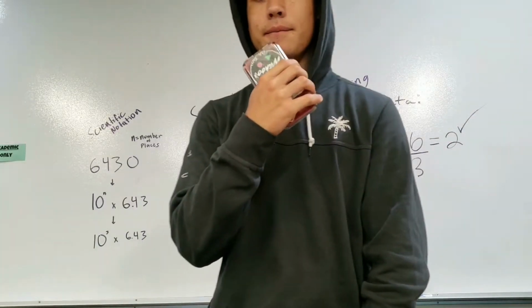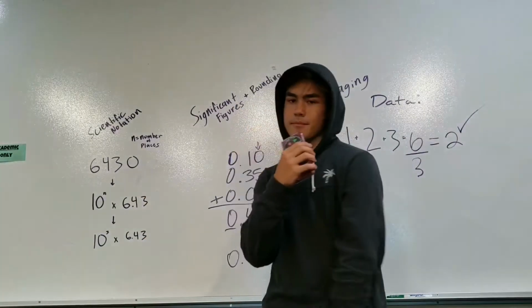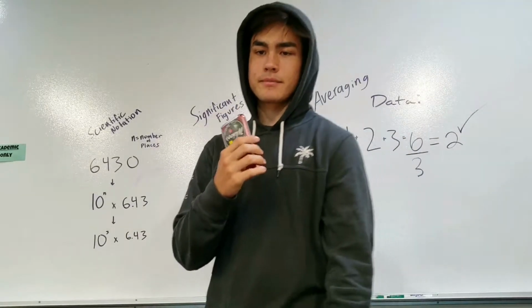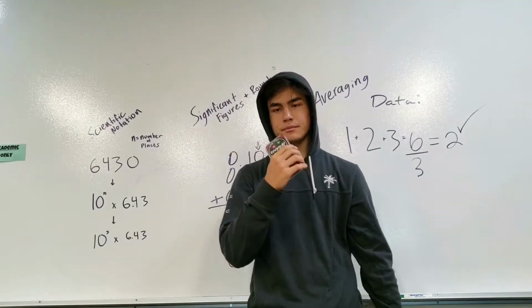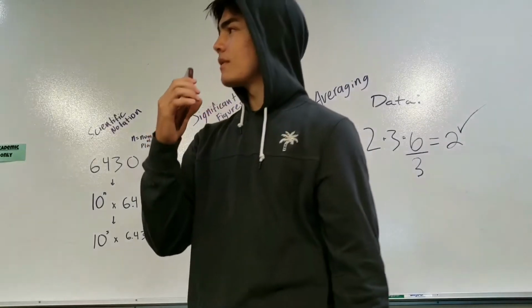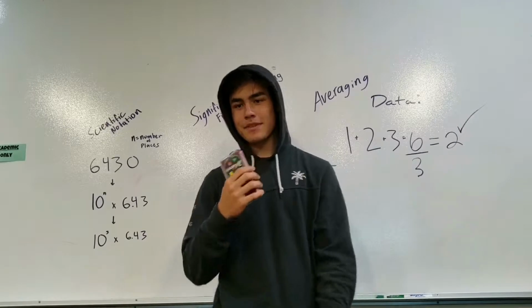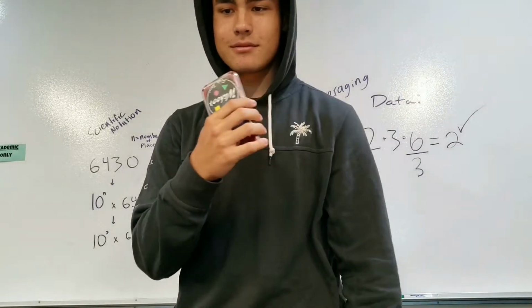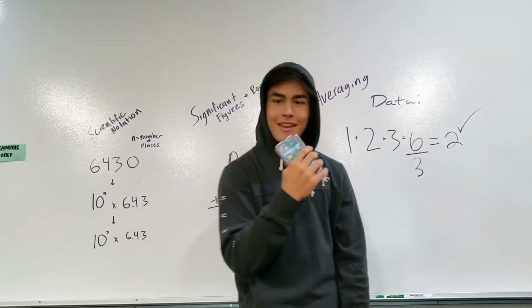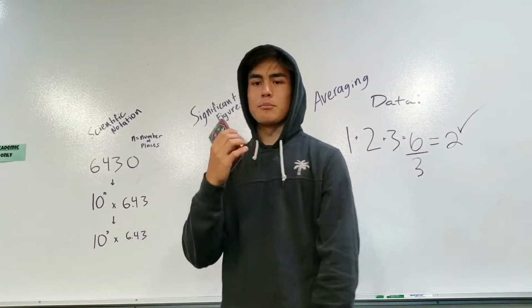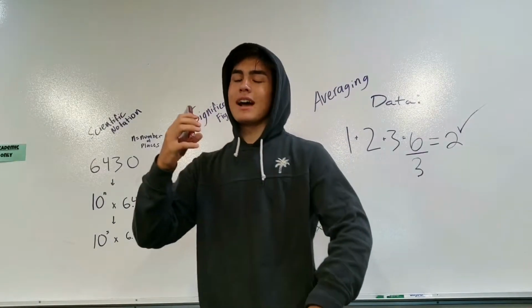Take that 10 to the end. Multiply by the number that you got. Kilowatt, megawatt, gigawatt, watt. Got a number way too small? Repeat the process.